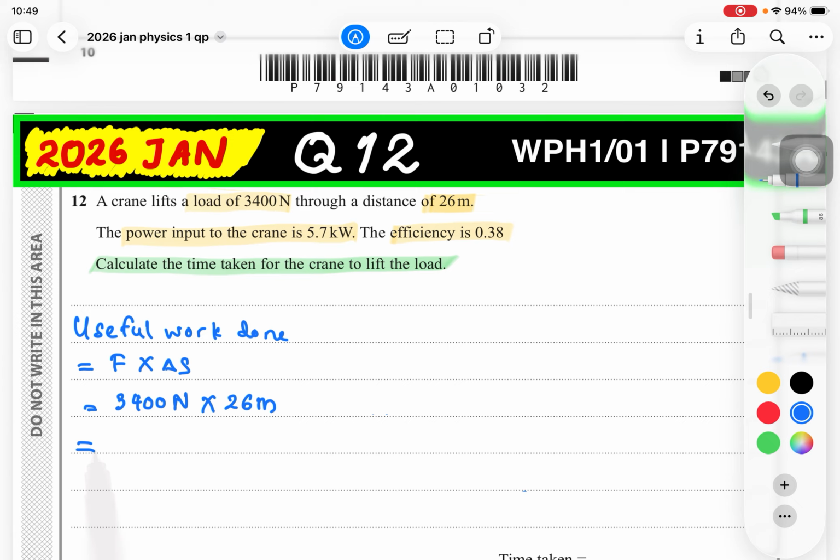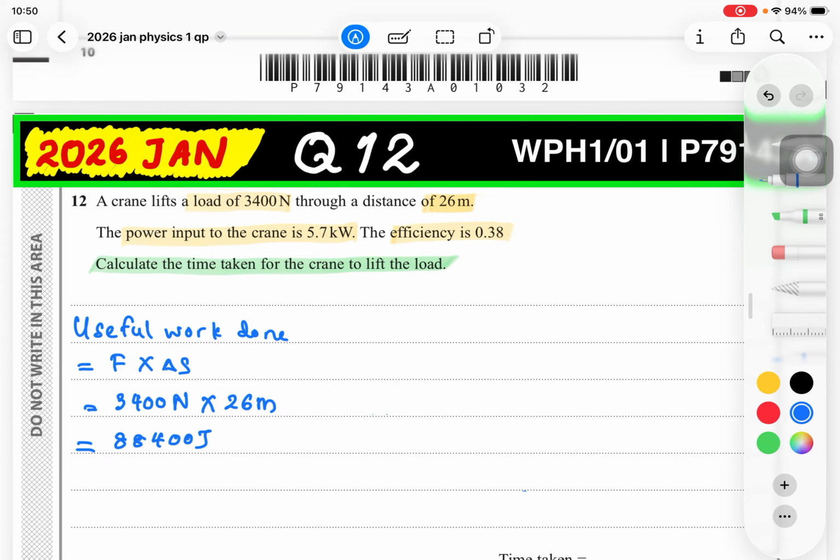So the useful work is 88,400 joules. So this is our useful work done, which goes into moving the car forward against the resistive forces that there are.